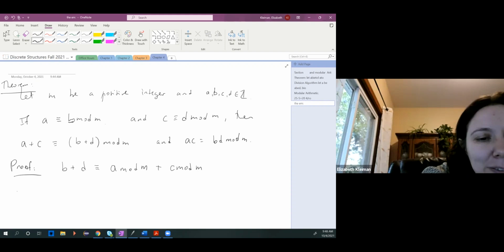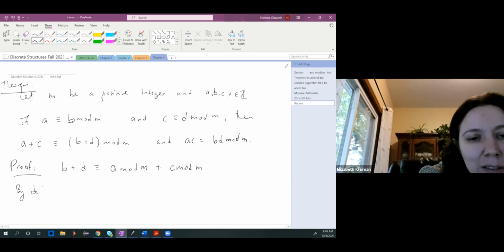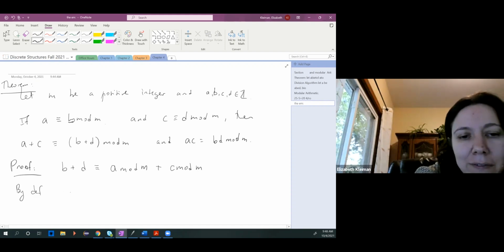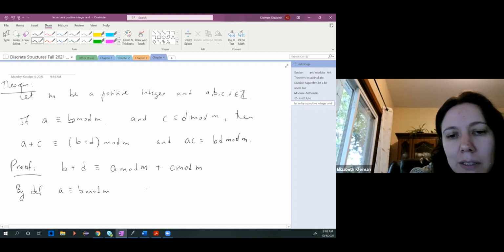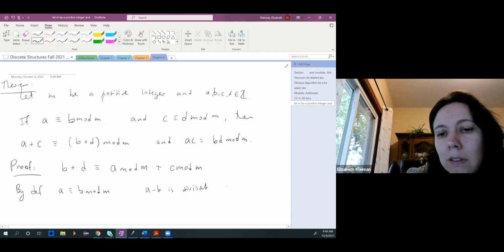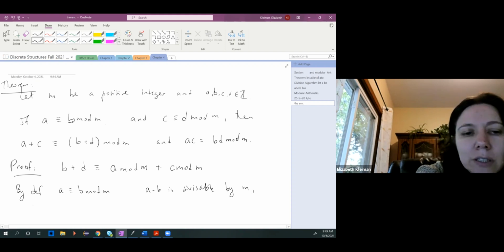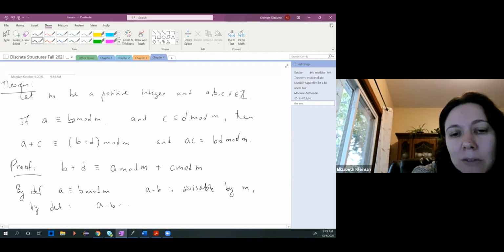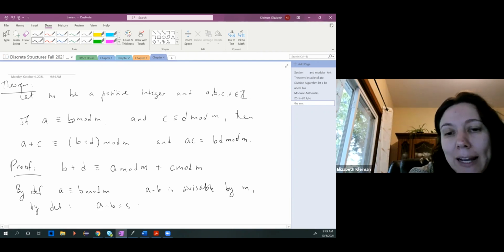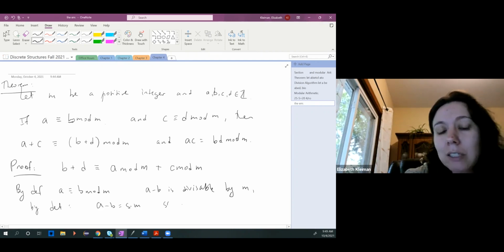So by definition, if you have A congruent to B mod M, A minus B is divisible by M. So by definition of divisibility, A minus B is equal to S multiplied by M for some integer, correct?